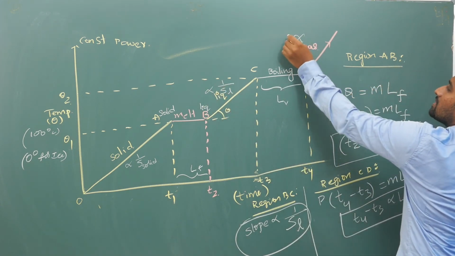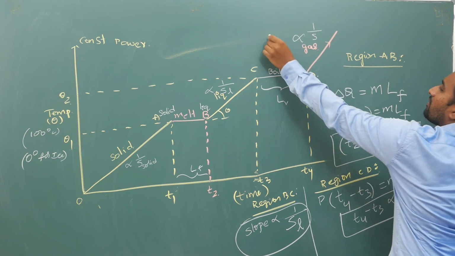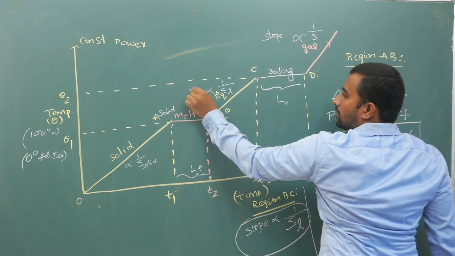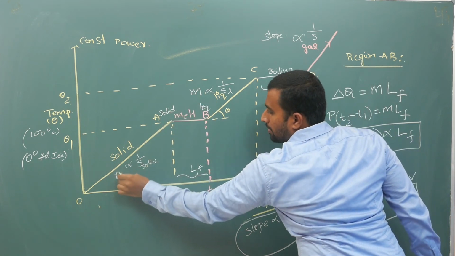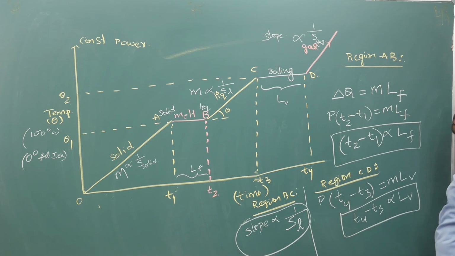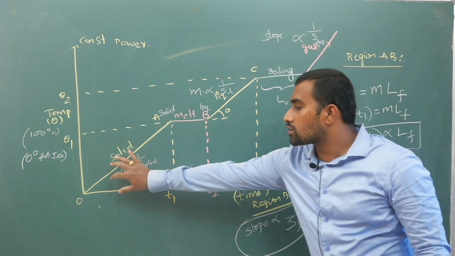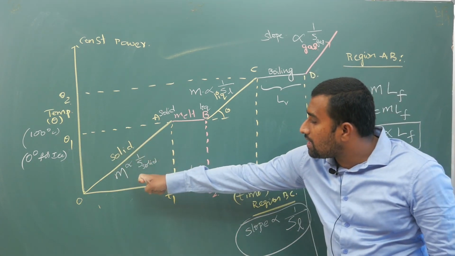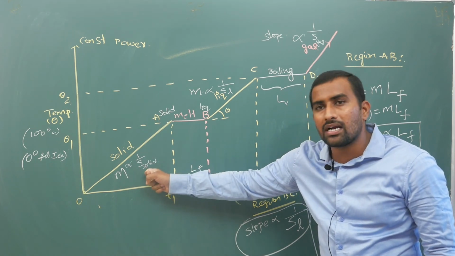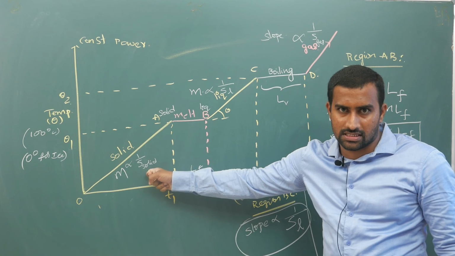Here, I am talking of slope m, your slope is inversely proportional to the specific heat of the gas. So looking at these slopes, for whichever part the slope is big, the specific heat is less.